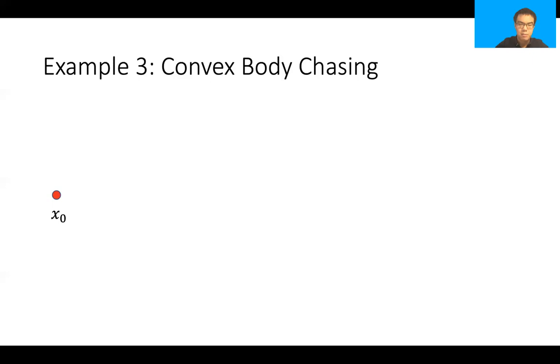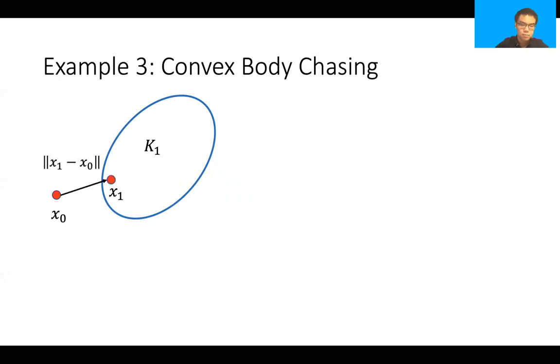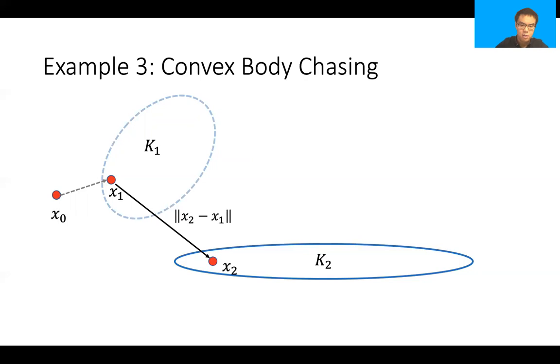The third example I want to introduce is convex body chasing. This is a special case of online optimization with movement cost. Starting at x0, convex body K1 is revealed, and the learner needs to pick a decision point x1 inside this convex body K1 and pays the movement cost of the distance between x1 and x0. The same thing happens again for time step 2 and time step 3.